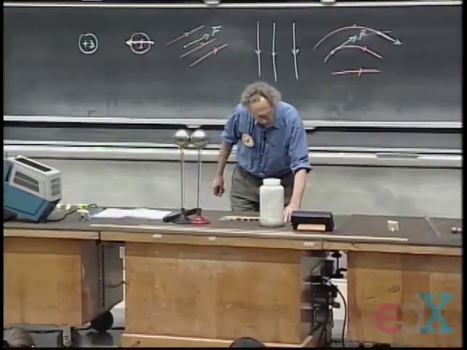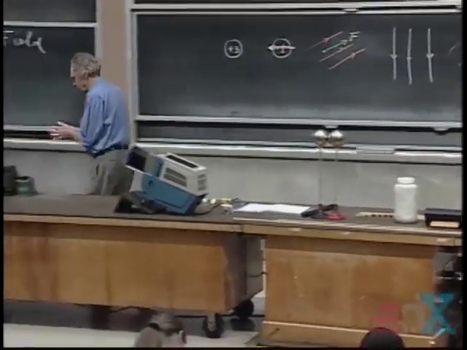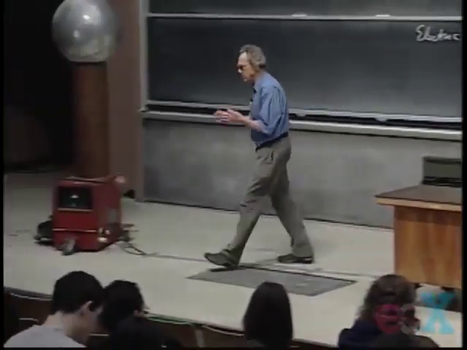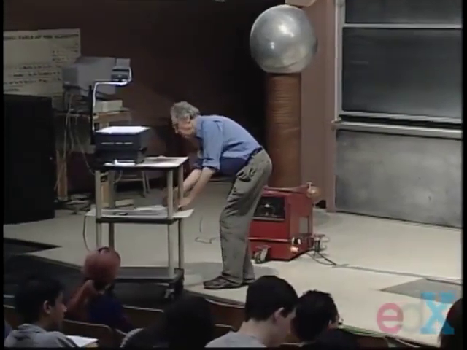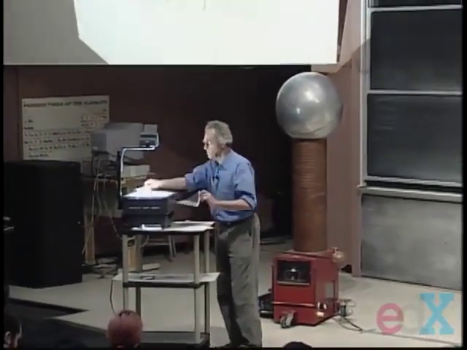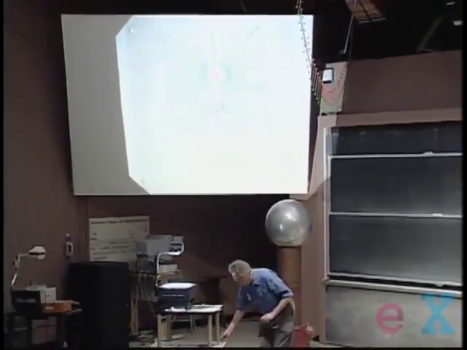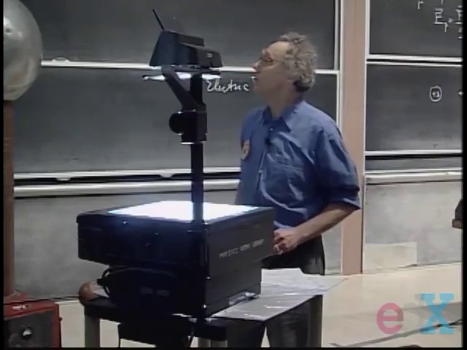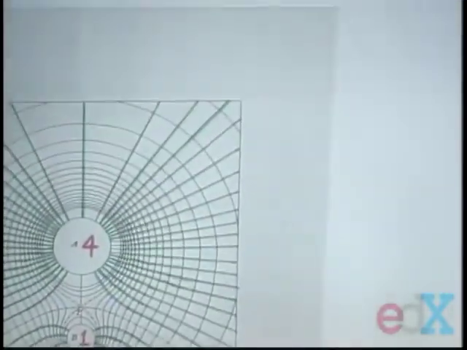Let's now look at a field configuration which Maxwell himself, the great maestro, put in some of his publications. It was a ratio 1:4. And whether it is +4, +1, or -4, -1 is not important, because that's just a matter of the direction of the arrows. But Maxwell didn't put arrows in.